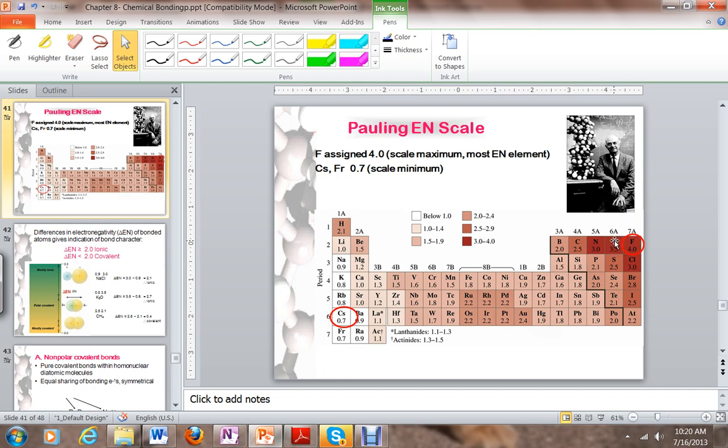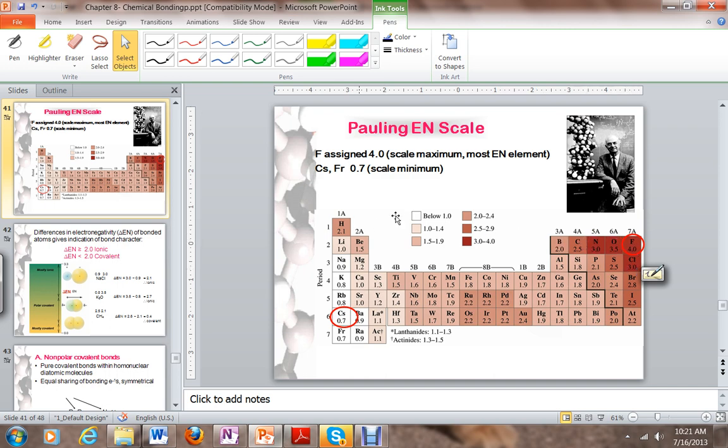If fluorine is the biggest one, then you get the Pauling value. Oxygen would be less electronegative, but this is the comparison between fluorine and oxygen. As you see, chlorine is less electronegative than oxygen, but it's equal to nitrogen.